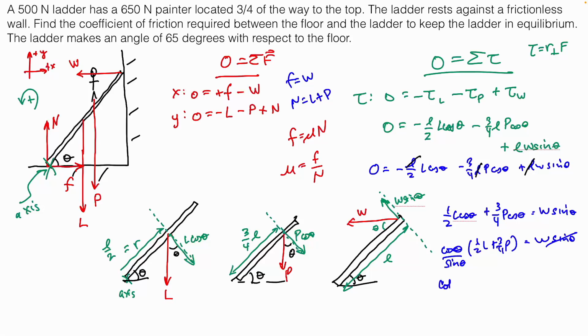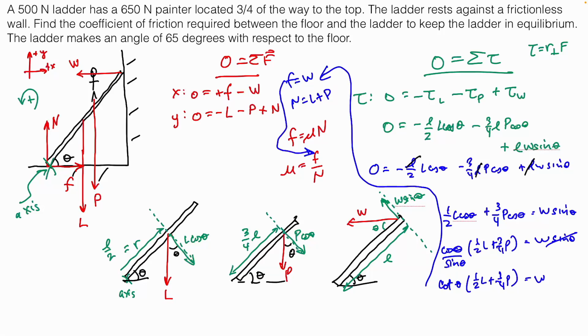So cotangent theta, it's the first time that's shown up in this class. 1/2 L plus 3/4 P is W. And what is cotangent theta times 1/2 L plus 3/4 P? It's a number, right, that I can figure out. Okay? So now that I know W, W is going to go into here. That's going to give me F, which goes in there. My N is known, which goes in there. This is doing math by arrows.